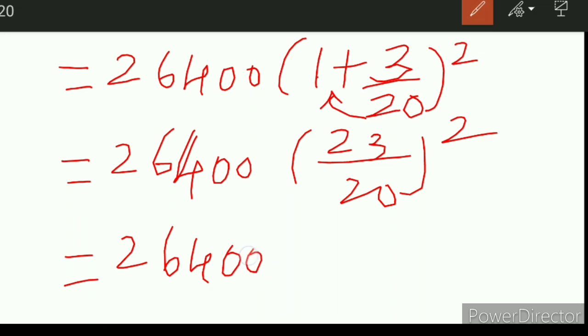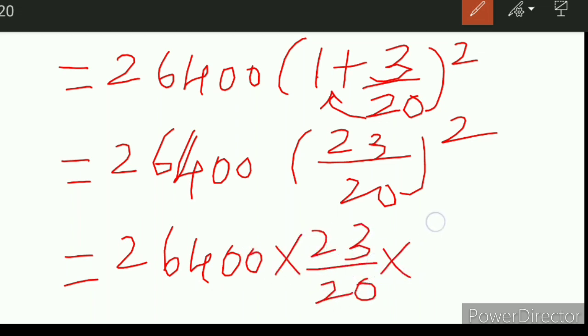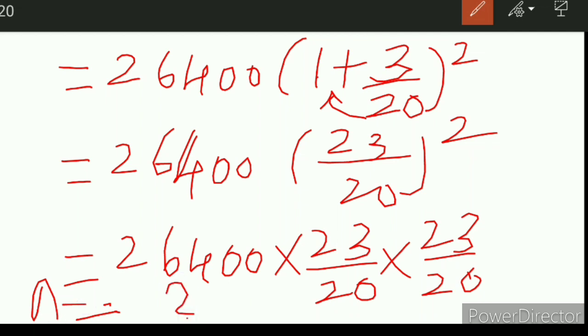Now we should repeat that fraction 2 times. Do the calculation part and you will get the amount. That amount we should use directly for the simple interest formula, because 4 by 12 of a year is remaining. That 4 by 12 part is 4 months remaining.